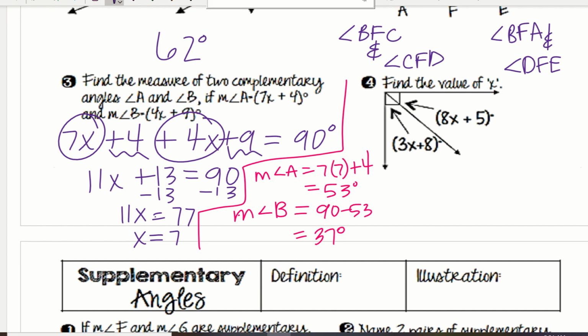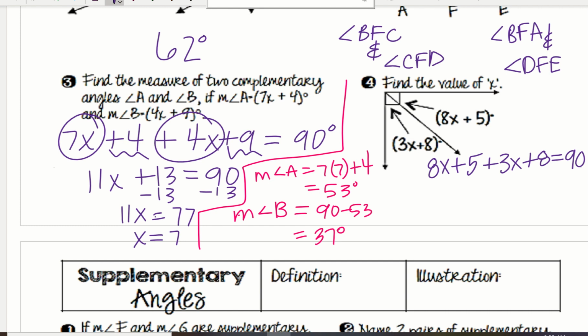Okay, so Aaliyah, how do I set it up? Plus 3x plus 8 equals 90. Okay, so my first step is combining like terms.